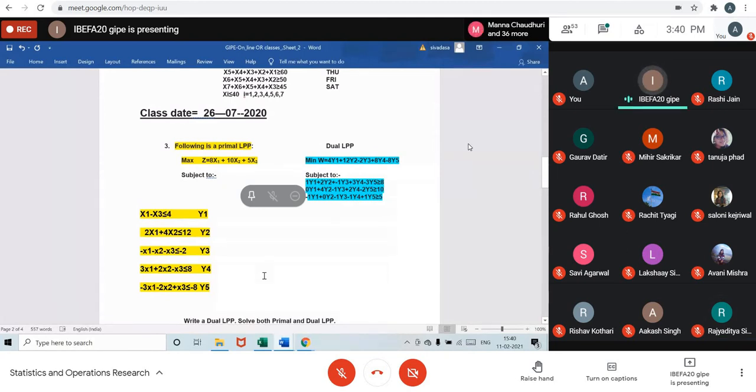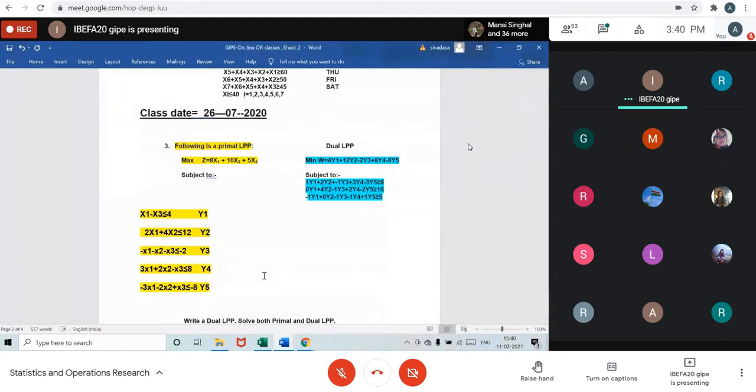Dual of dual LPP, what is it? The primal. Dual of dual LPP, what is it? The original primal.